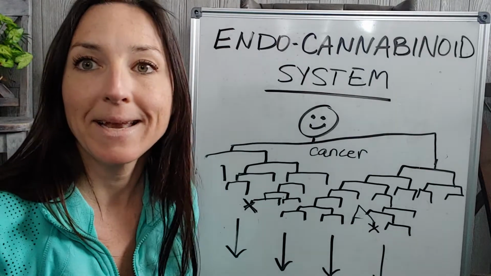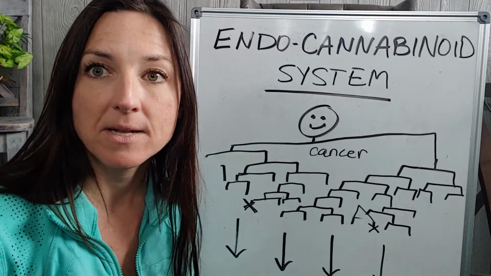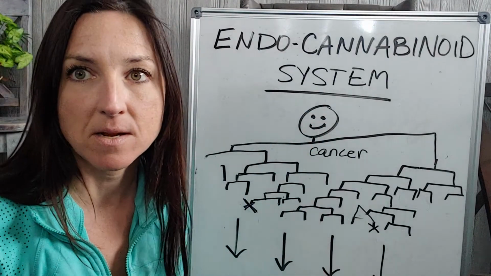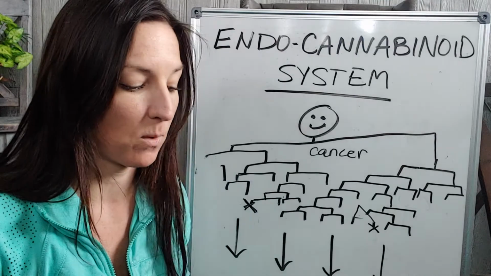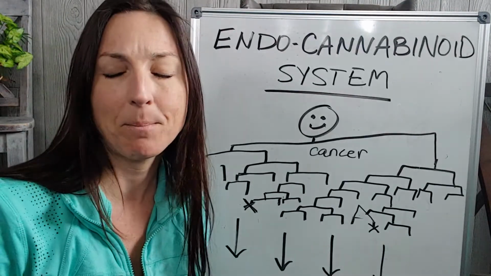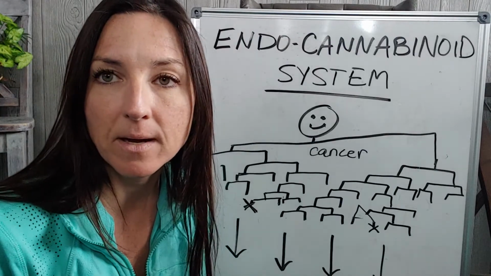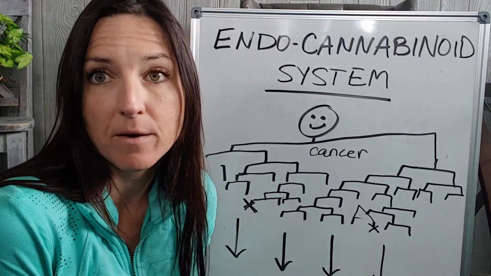What cannabinoid therapy is, why we're using CBD, is because it brings balance back to the system. The main question is, why does it work for everybody? Why does it help somebody with a stubbed toe, with a paper cut? How can it possibly help somebody decrease the intensity or the frequency of their seizures?